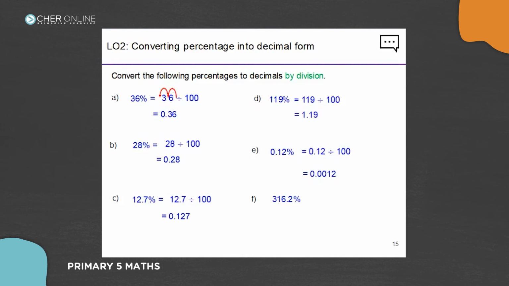Although we won't be doing so many decimal places, what I want you to recognize is what happens when you convert from percentage to decimals, when you have the option of dividing by 100. So it's 3.162. Do you all see that?